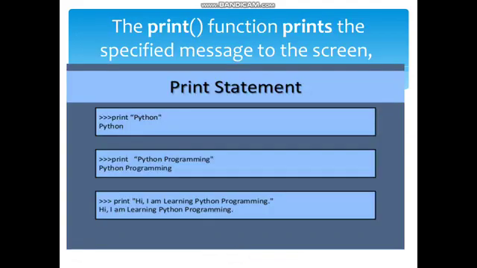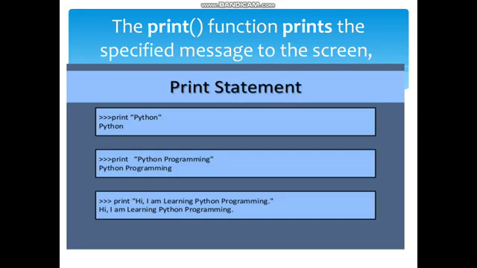Again you have to understand the print function, or print command, print statement. The print statement prints the specified message to the screen. As a beginner, you can start with a print statement. You can print your name or Python programming or any words, which you have to enclose in double quotes or single quotes as it is a string.